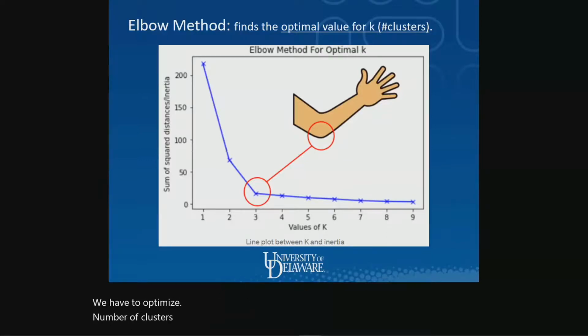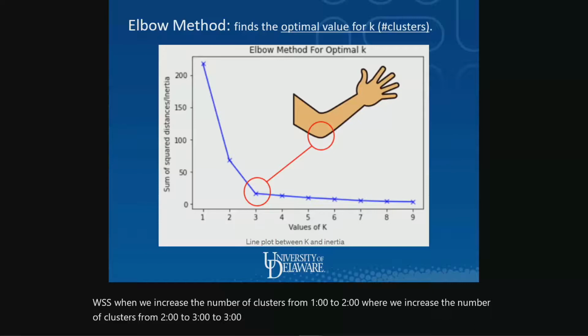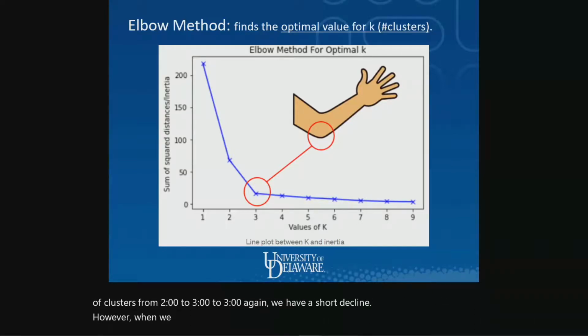Because you see here, we have a sharp decline in WSS when we increase the number of clusters from 1 to 2. When we increase from 2 to 3, again, we have a sharp decline. However, when we increase from 3 to 4, it's not a sharp decline anymore. It's a very smooth decline. See?